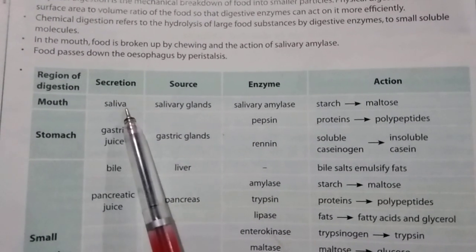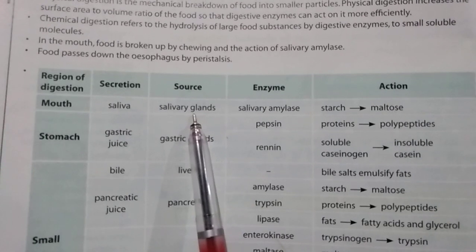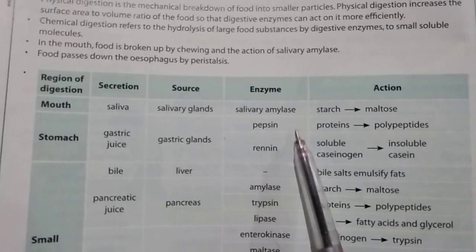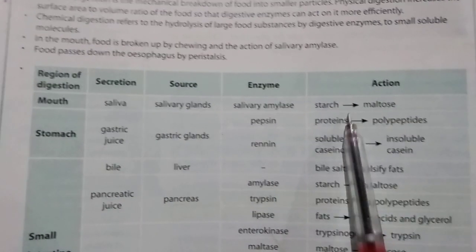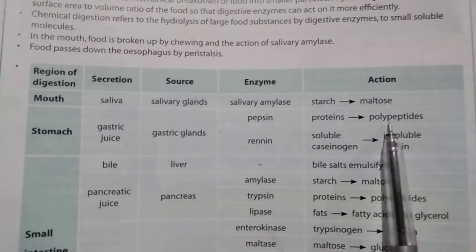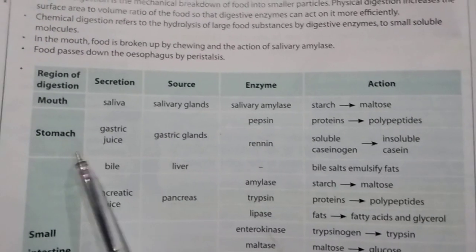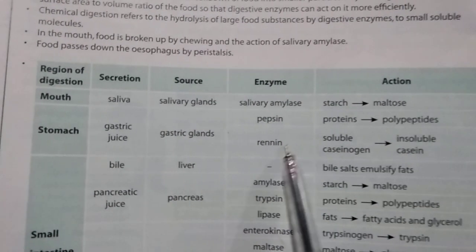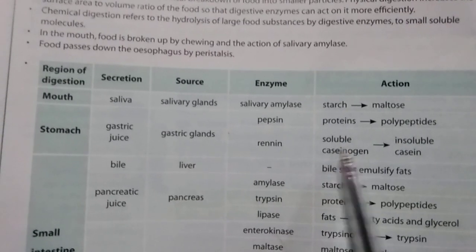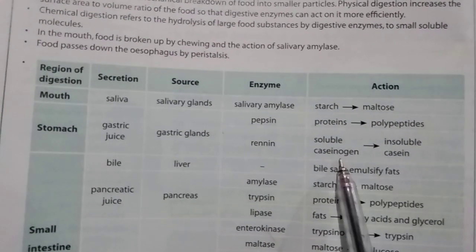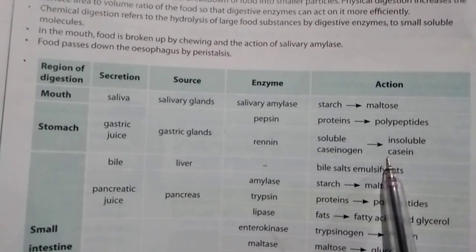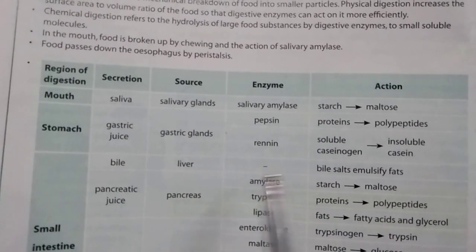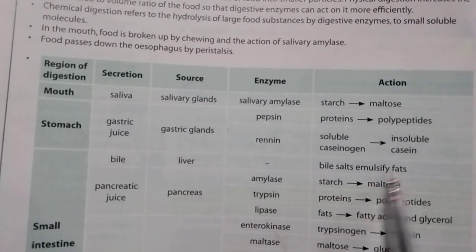Mouth, saliva, salivary glands, salivary amylase, converts starch into maltose. Stomach, gastric juice, gastric gland, pepsin, protein into polypeptides; renin, soluble casein into insoluble casein. Liver, bile, bile salts emulsify fats.